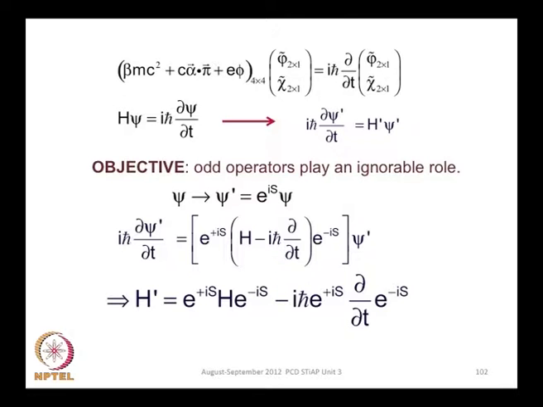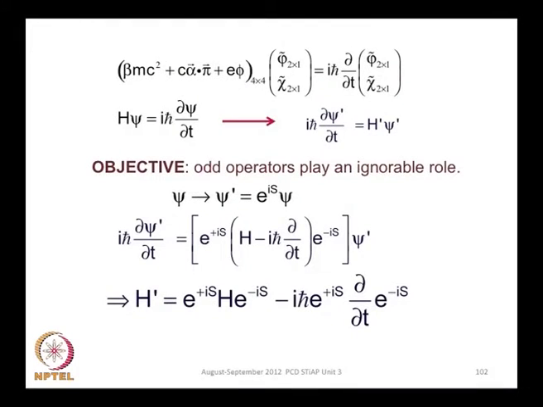It may be in some cases, but it does not really have to be. So, this is the general form of the transformed Hamiltonian under the Foldy-Wouthuysen transformation. This we discussed in our previous class.